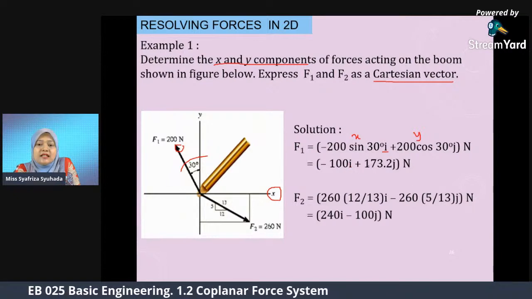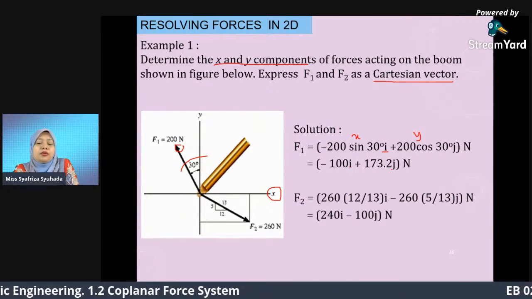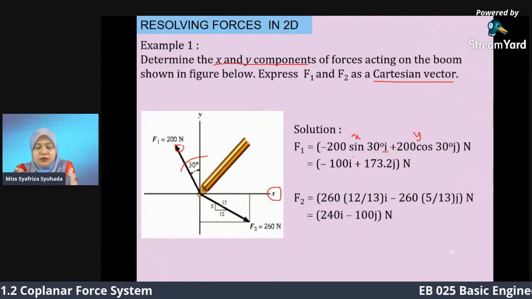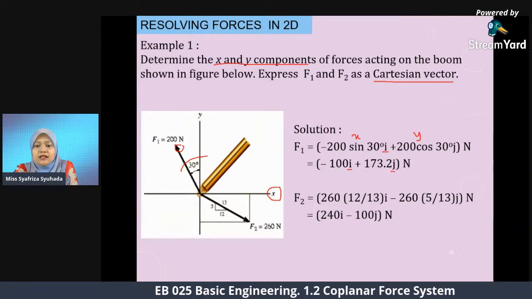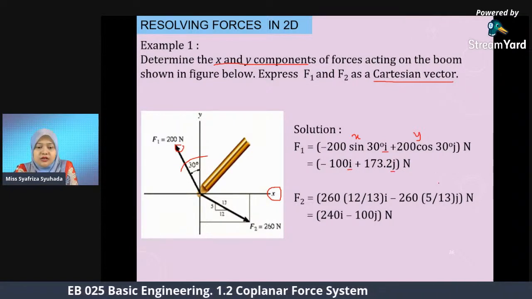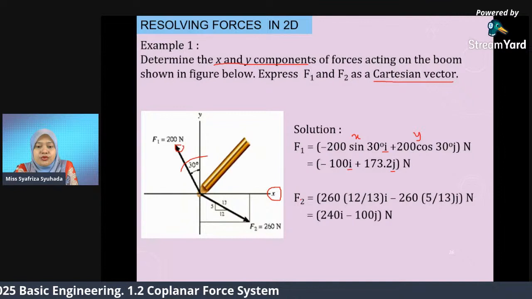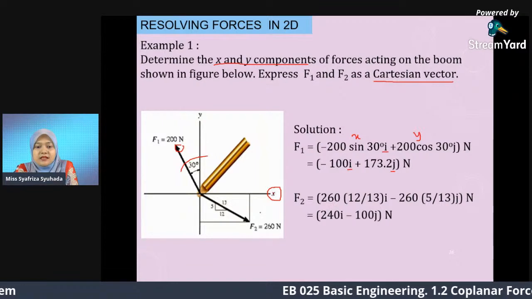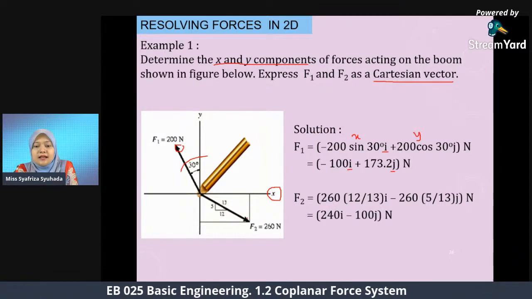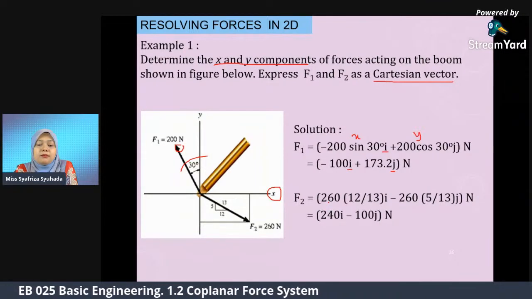Okay, dan tidak boleh ditambah. Kenapa tidak boleh ditambah? Sebab as I mentioned before, unit kena sama. Bagi this one, unitnya tidak sama iaitu I dengan J. Alright. Begitu juga dengan F2. Okay, 260 Newton. Okay, kita nak tahu paksi X dan F2 menuju ke arah kanan. So, it will become a positive.